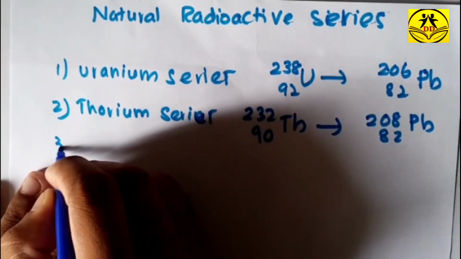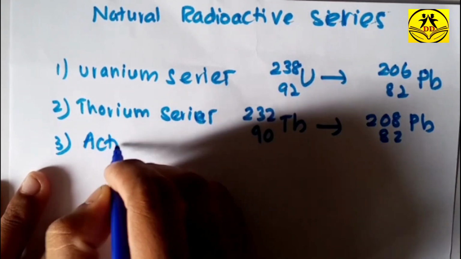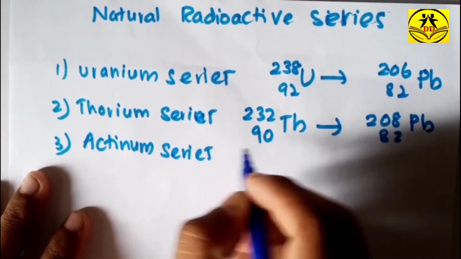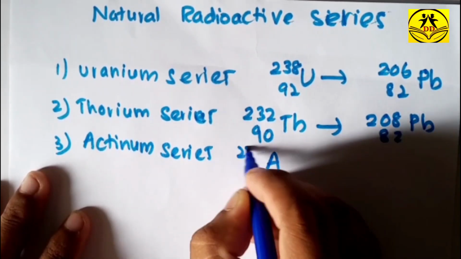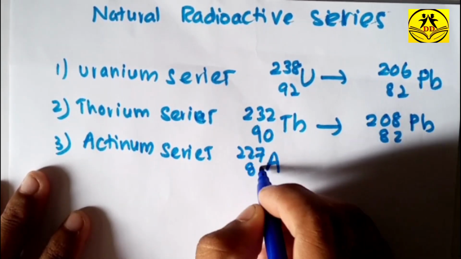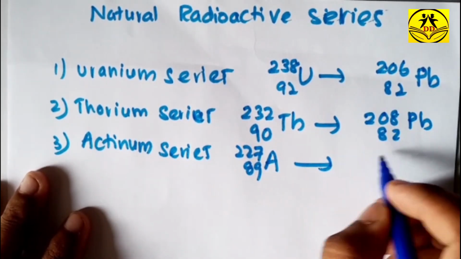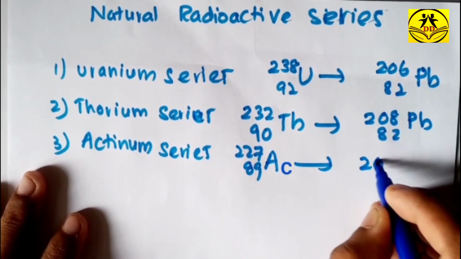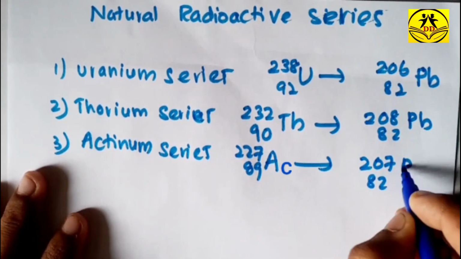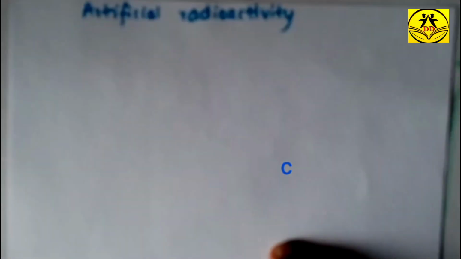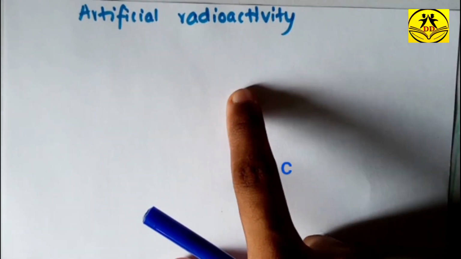And the actinium series begins with actinium 227 and finishes with, after repetitive disintegrations, 207 82 lead isotope. Next, we're going to talk about artificial radioactivity.